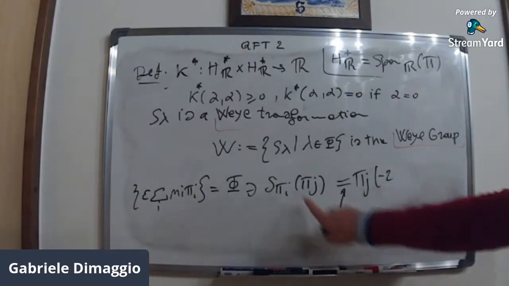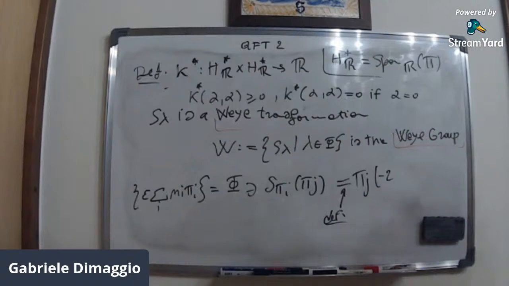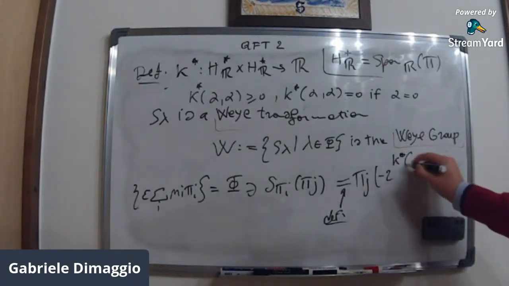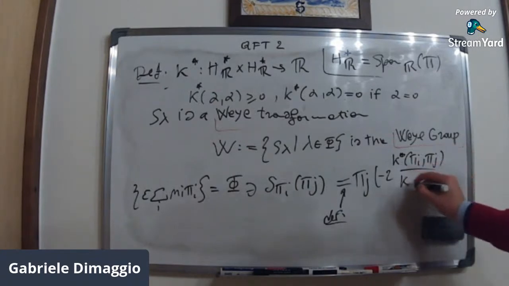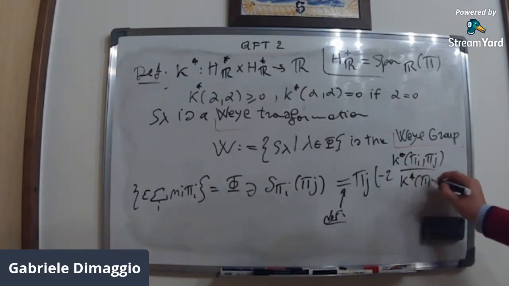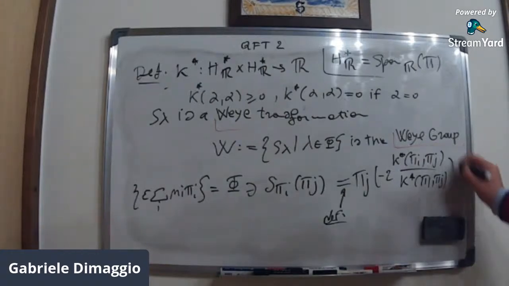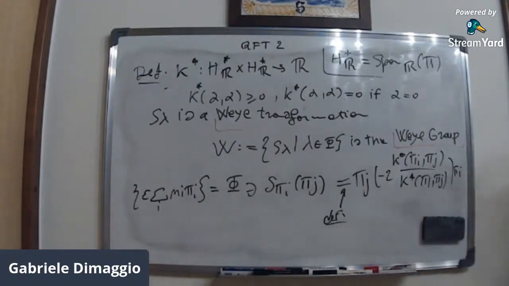So this is a definition, the Killing form of pi_i pi_j over the Killing form of pi_j for pi_i.